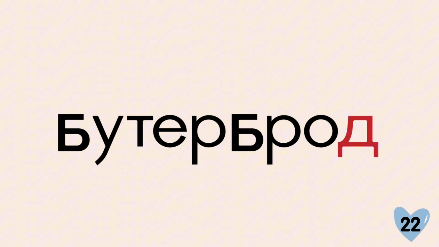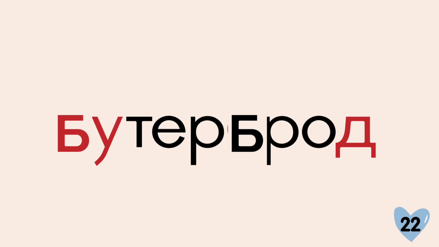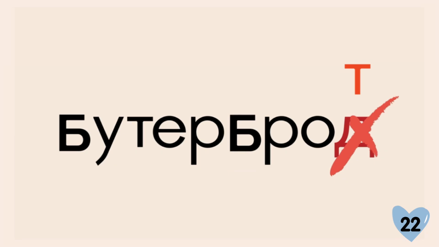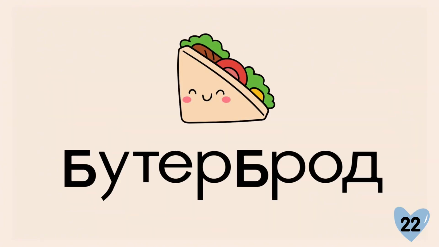Let's read one more word with this rule. Don't rush, just read it slowly. Read it with me. Бутерброд. So, again, at the end, T, not D. Бутерброд is just sandwich.